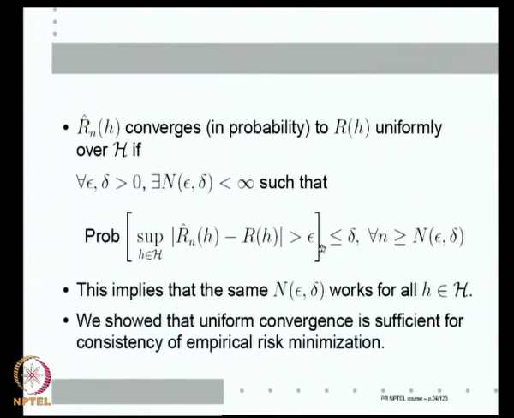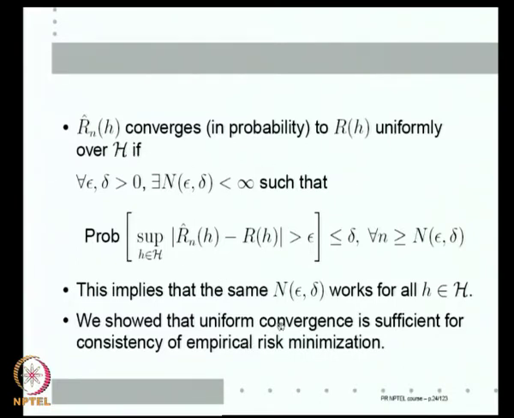In that sense, uniform convergence is sufficient for consistency of empirical risk minimization. We also mentioned that uniform convergence is necessary. We did not prove that, but we told that it is also necessary. Hence, empirical risk minimization is consistent if and only if the class of classifiers H that we choose to minimize empirical risk over is such that R̂_n(h) converges to R(h) uniformly over this class.